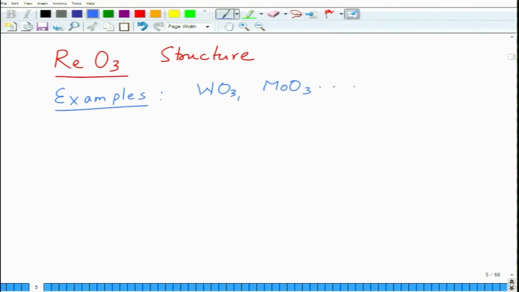In this compound the stoichiometry, as you can see, is MX3, and basically this structure is like this.